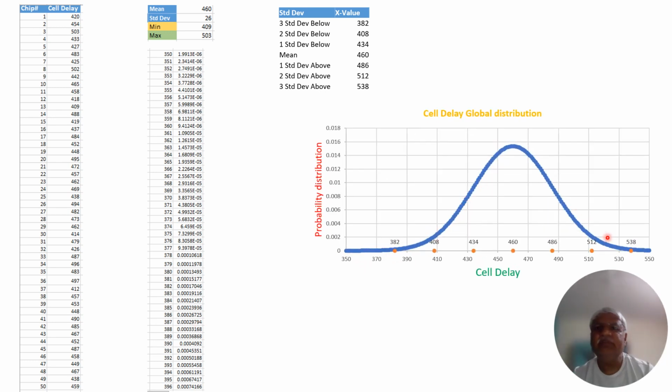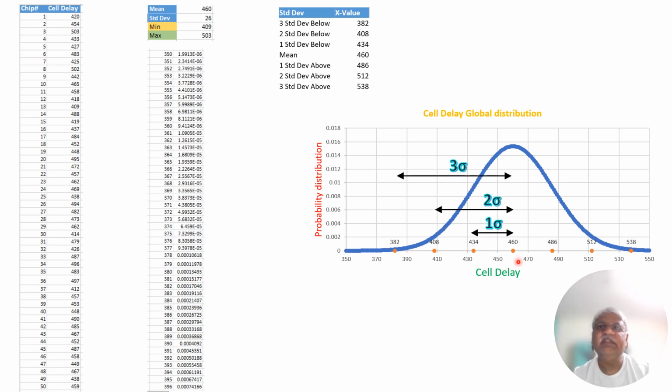If you observe these values, 382 belongs to the 3 sigma below, and the 3 sigma above value is 538 here. And the mean is 460 here.